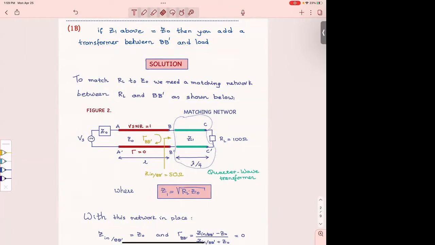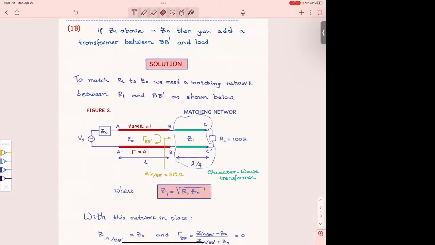And because it's 0 at one point, there's going to be 0 everywhere. Remember we said that? We said the magnitude of the reflection coefficient is the same everywhere on the line. So if it's 0, magnitude 0 is 0 everywhere on the line. All right? Now, if I match therefore here, I'm done.